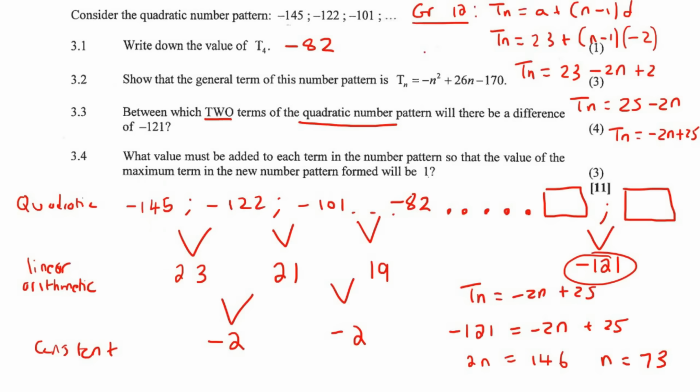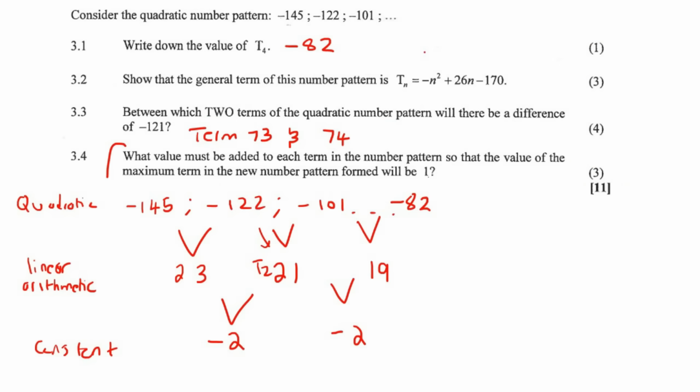Term 2 over here goes diagonal to term 2 over here. So if this number here is term 73, then this is term 73, and this would be term 74. So that's the answer. It's going to be term 73 and 74.